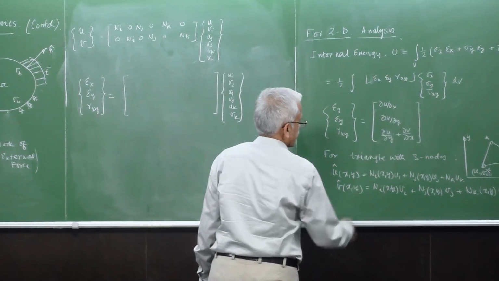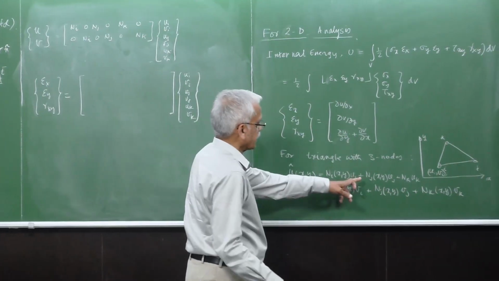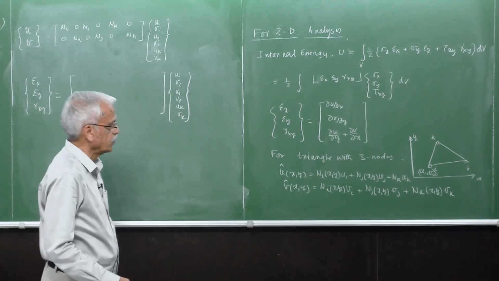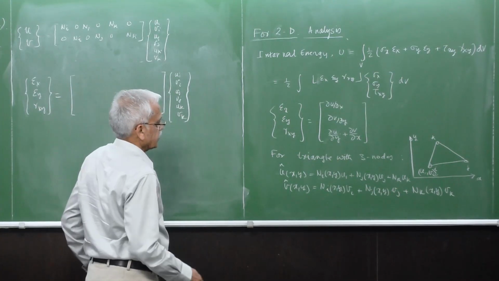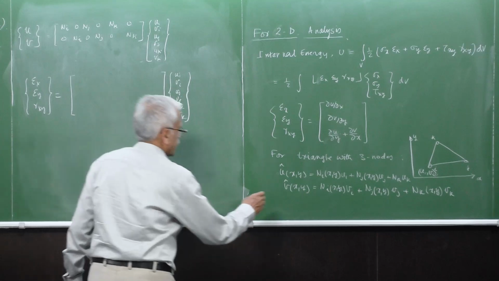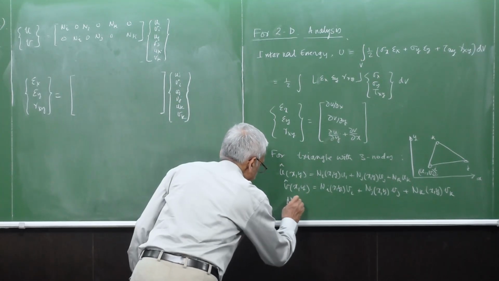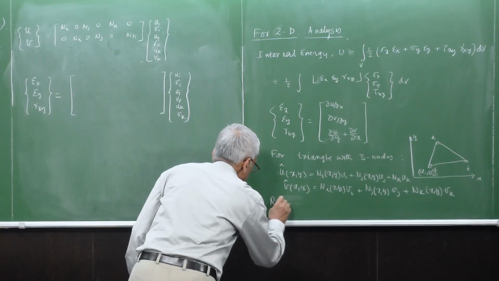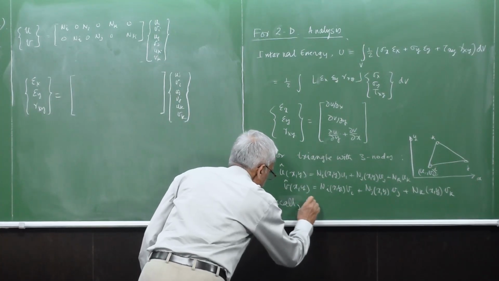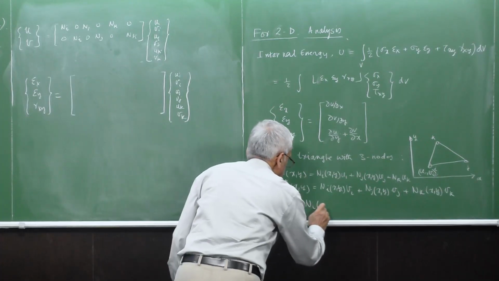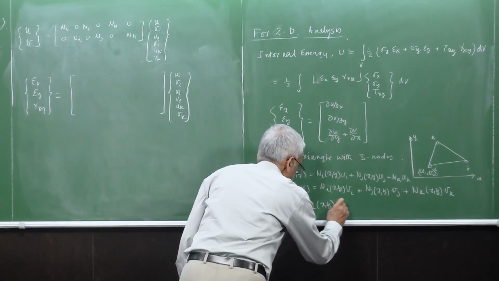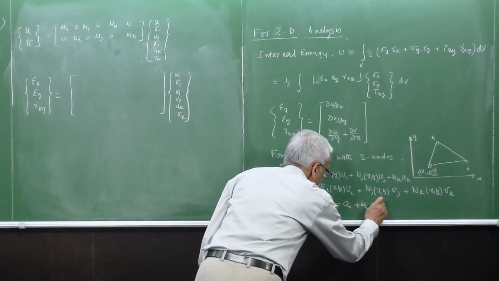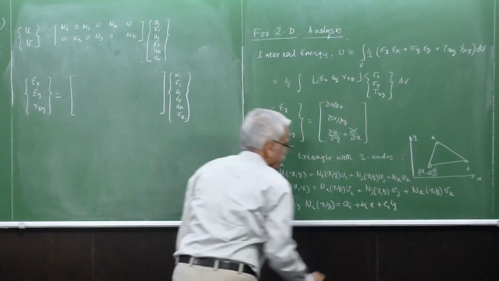So this is ∂Ni/∂x times ui, ∂Nj/∂x times uj, ∂Nk/∂x times uk. And if you recall, this Ni is ai plus bi x plus ci y.